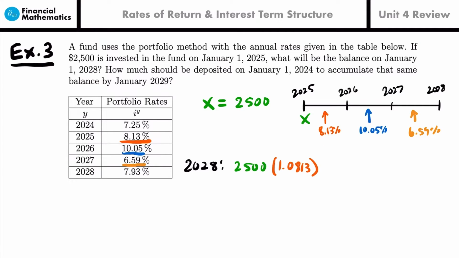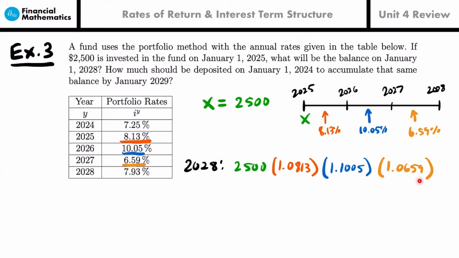Then we're going to multiply it by the accumulation factor using this portfolio rate for the next year. So we have 1.1005. And then we'll multiply by an accumulation factor for this portfolio rate. And so we'll have 1 plus that rate, but as a decimal. So we have 1.0659. Okay? And that's really it. This is our entire setup for this calculation for the first part of this problem.